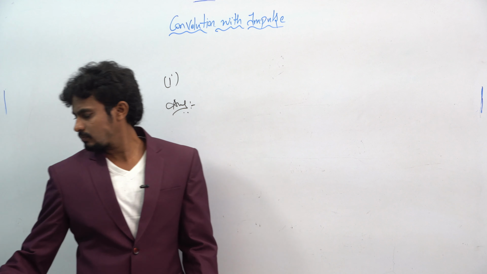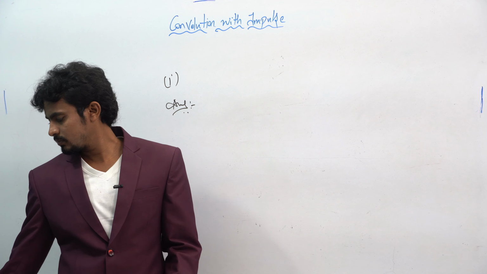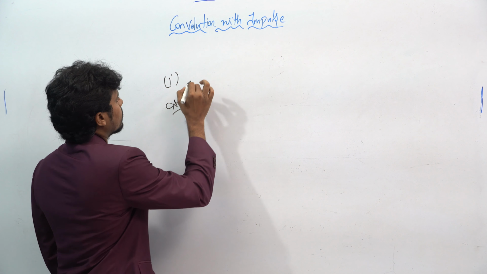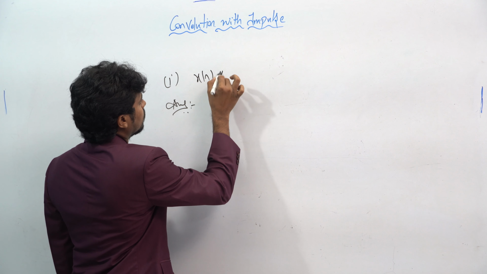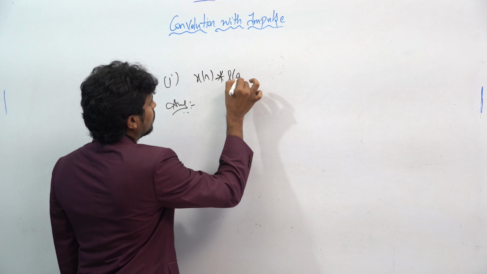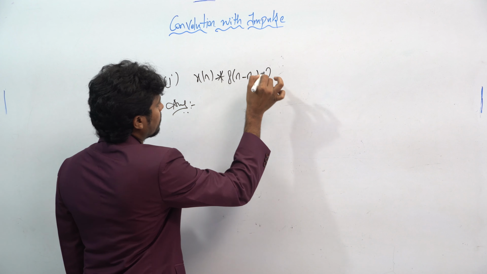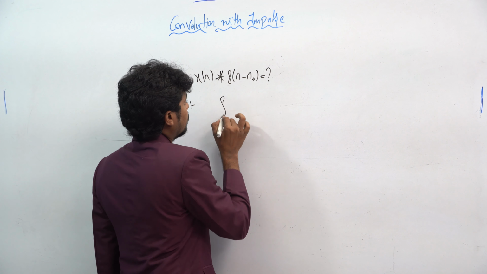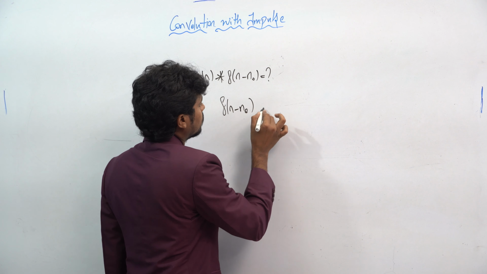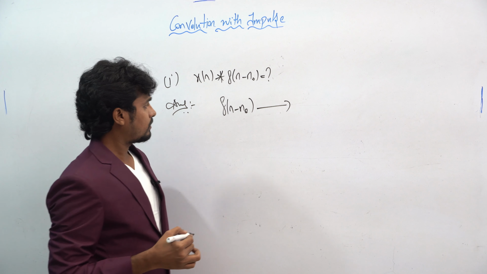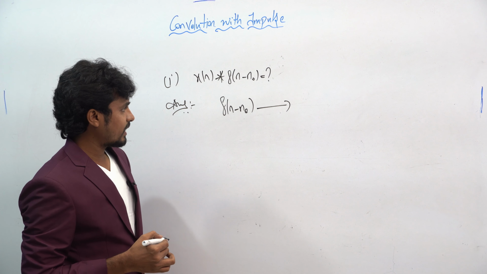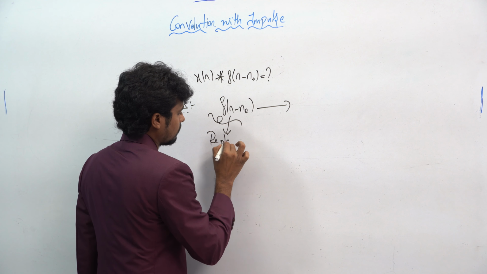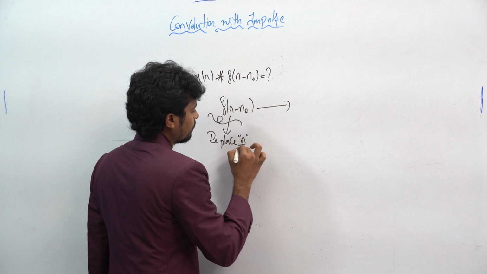Next, x of n convolved with del of n minus n naught. What will happen? First, in del of n minus n naught, replace n with k.